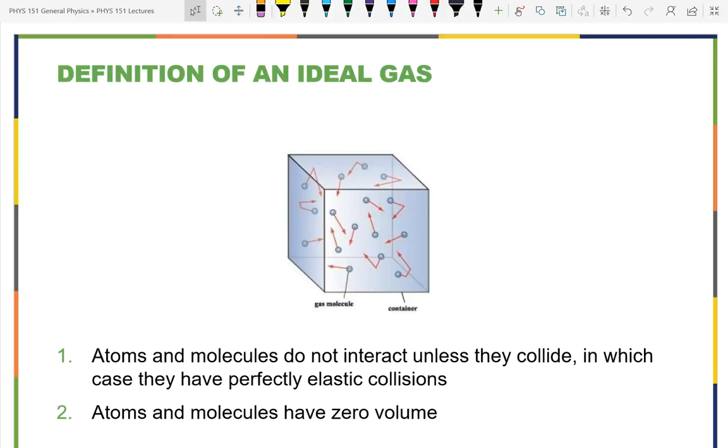Okay, so when you study ideal gases, my experience was the teacher just said, for an ideal gas, and didn't say what was ideal about an ideal gas. So I want to make sure it's clear what an ideal gas is.